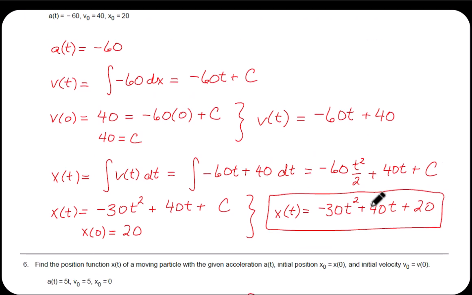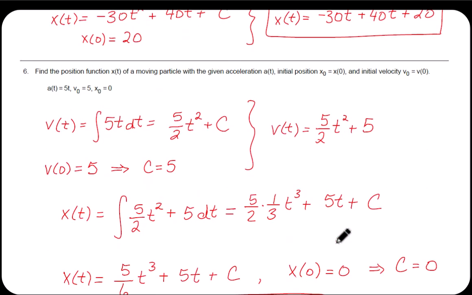All right, so we're almost there. We now need my initial position of 20. So plug in t equals 0, and so I get that c is 20. And so this gives me a formulation for the position of this particle at any time t.